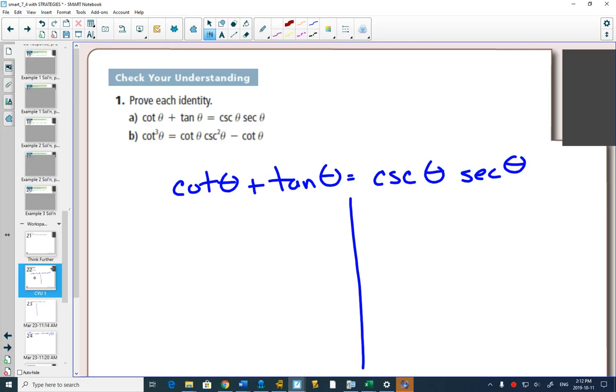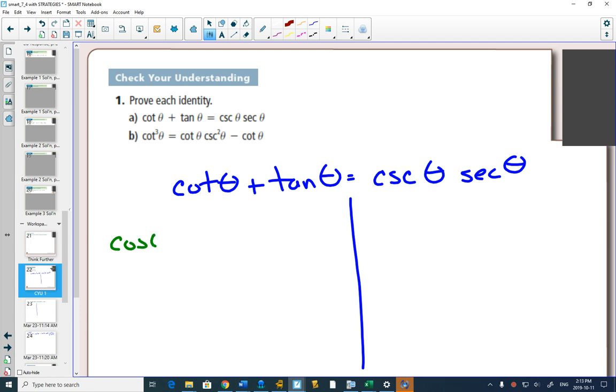Okay, I look on the left side, I've got cotangent and tan. The left side would be pretty easy to change everything to tan, and I notice some of you did that. I look at my right side though, and my right side doesn't change to tan. My right side I can change to sine and cos. So knowing that, right away from the beginning, I might make the decision, I'll do that strategy where I change everything to sine and cos.